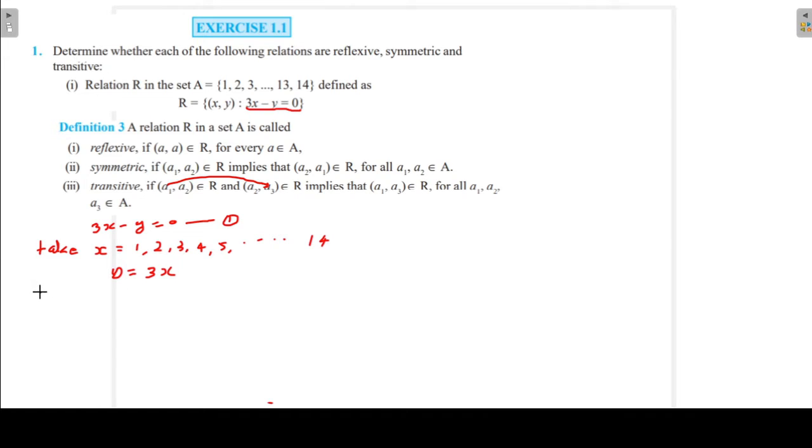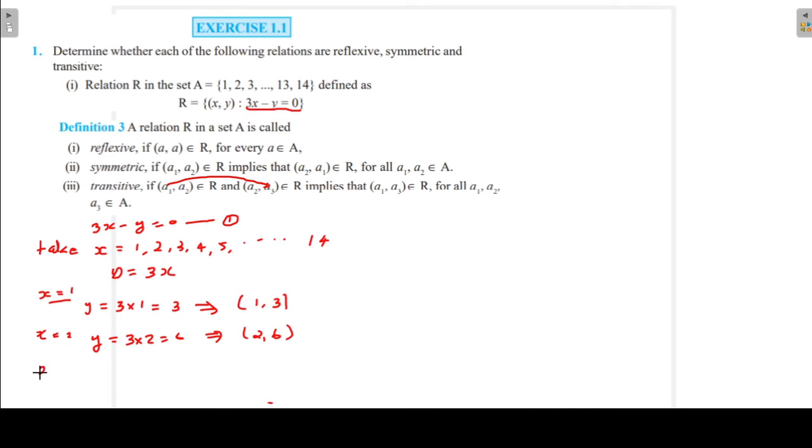First, x equal to 1: then y equals 3 into 1, equal to 3, so the point is (1, 3). Then x equal to 2: y equals 3 into 2, that is 6, so the point is (2, 6).